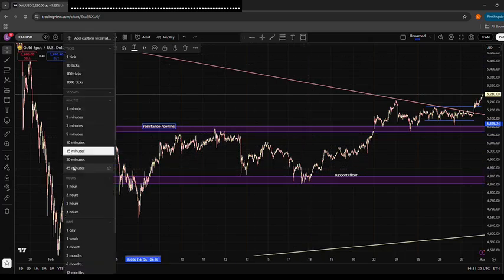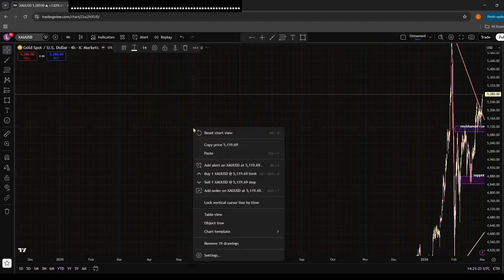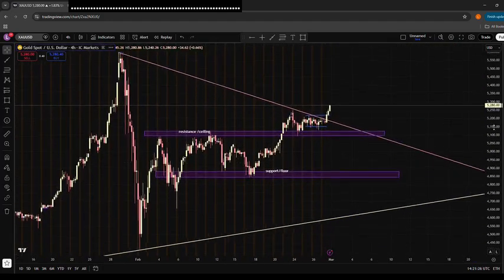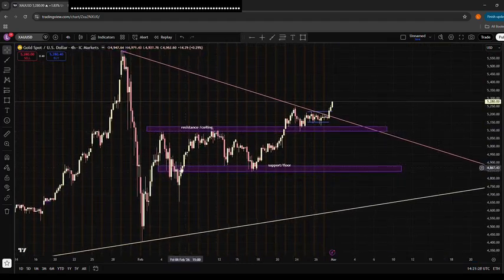But if you're looking for bigger trades that you want it to hold, then come over to the higher time frame. And what we can see here is we've got that consolidation in between our floor and our ceiling. And what we're looking for in an entry is for it to break.